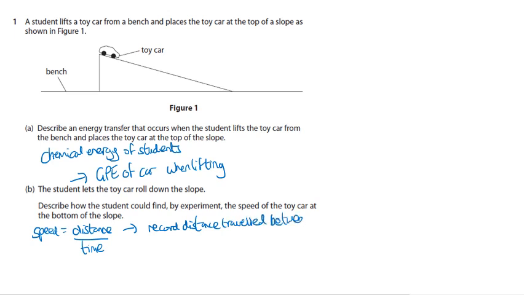And this was a 4-mark question, so you need a bit more detail about how you're going to do that. So you could use light gates to measure the time, and then substitute that into the equation to calculate the speed.